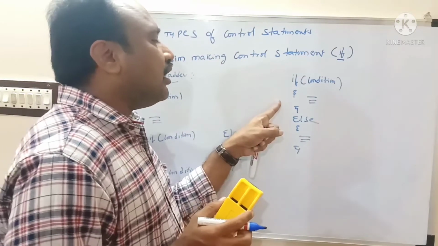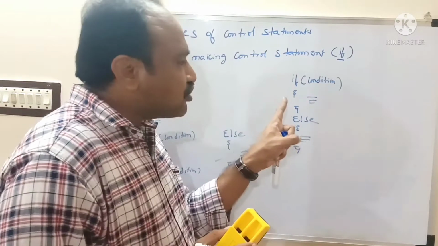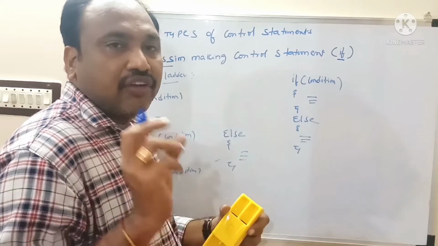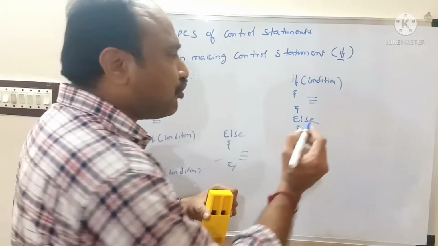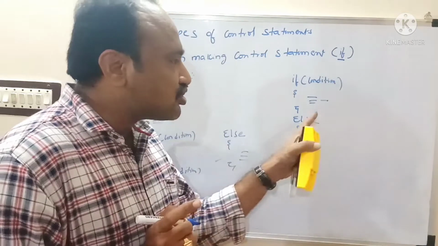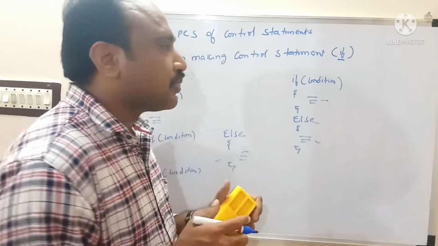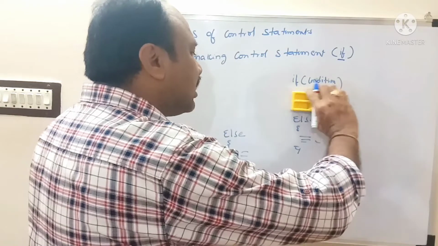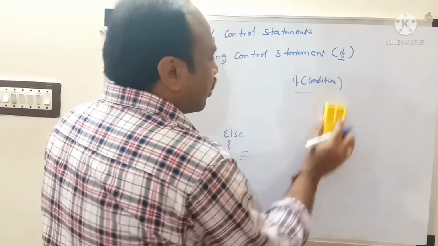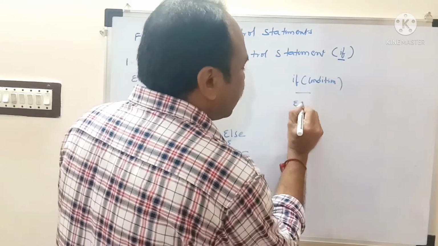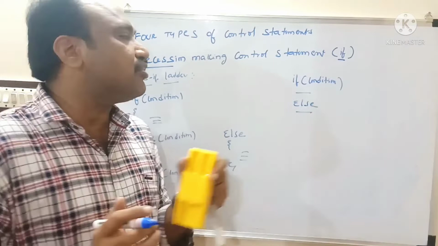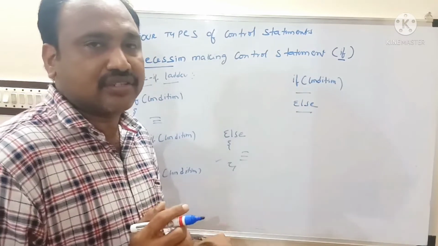Normally we should use start and end braces for the if block and else block. If you are going to write multiple statements in the if block and else block, we should use start and end braces. If you are going to write a single statement in the if block and a single statement in the else block, there is no need of using start and end braces.